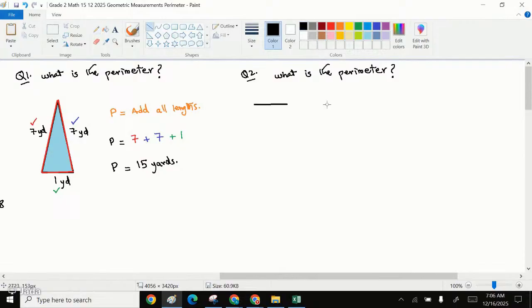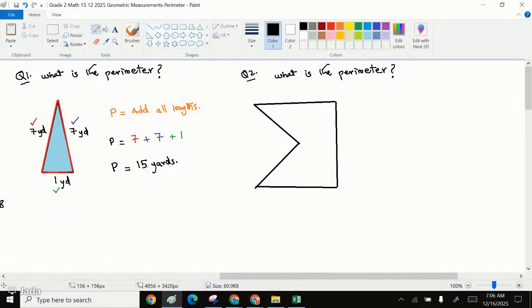There's a straight line. Then there is another straight line. Then there is another straight line. And what happens is it goes to the center and to the center.